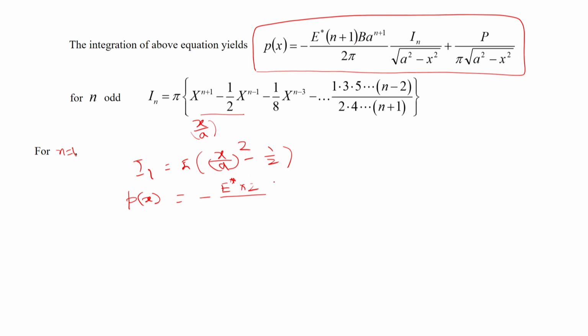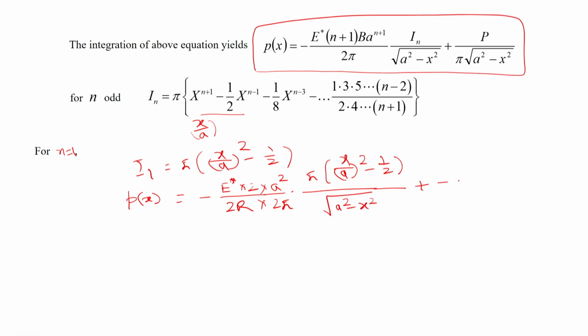So, n plus 1 is equal to 2 here, and b is 1 by 2 r. So, let us write it over 1 by 2 r, a square, and there is a 2 pi here, and then we have got this pi here, and I have just obtained (x by a) whole square minus half, divided by square root of a square minus x square, plus this is p by pi and square root of a square minus x square. So, this is the form of the pressure distribution.